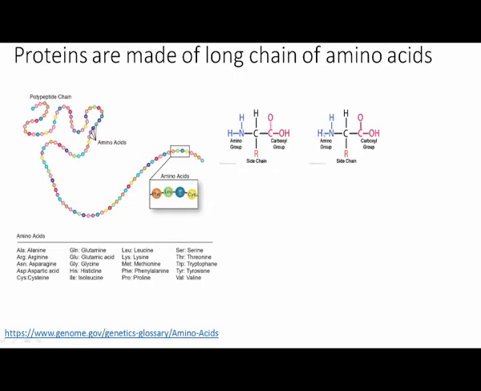Now, what happens when these two amino acids come in close proximity? There is a carboxylate group or an acidic group, and there is an amino group, and therefore, a dehydration reaction or a condensation reaction between these two with elimination of a water molecule, as you can see here.